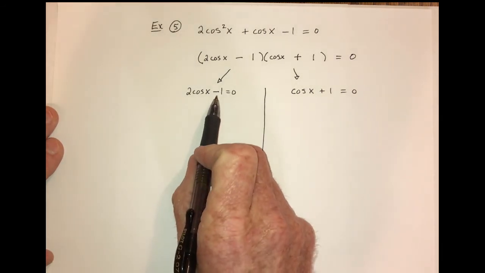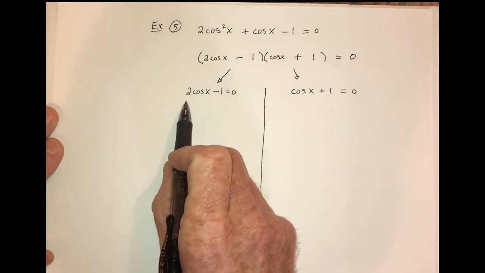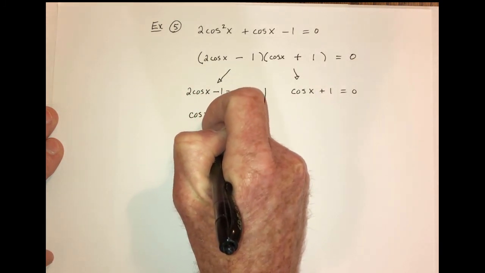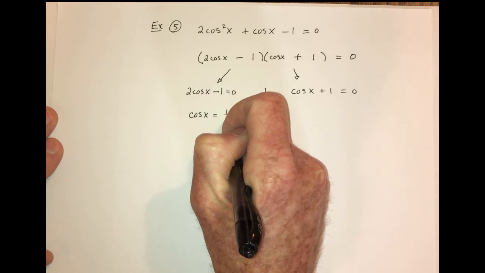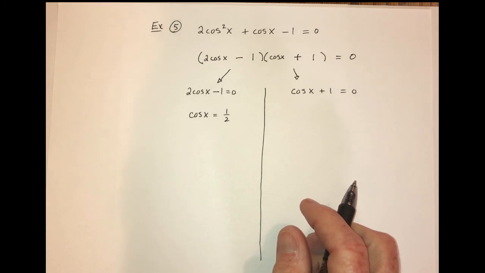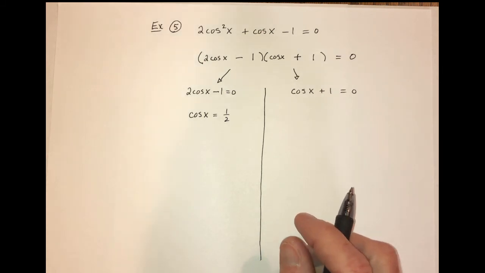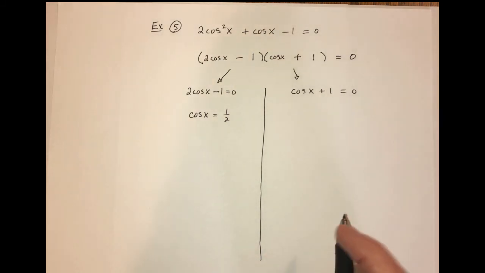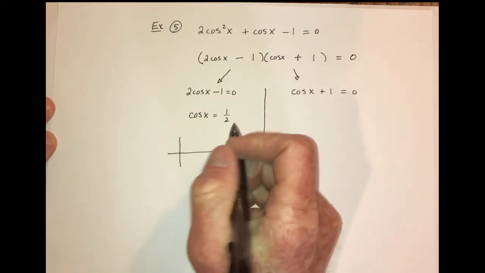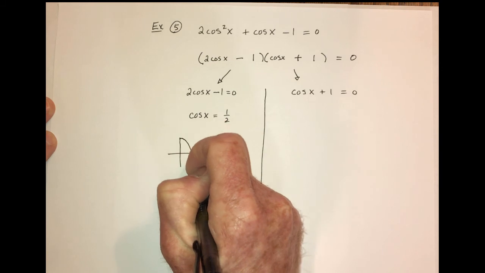So with this one, add 1 to both sides and then divide by 2. So that would leave cosine of x is equal to a half. Deja vu, I think we did that one. That was example number 1. So since we did that one, I'll just go through it real fast. Cosine graph looks like this.